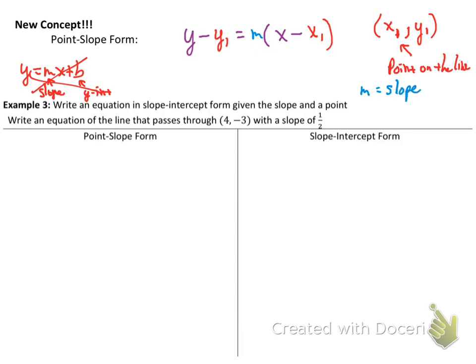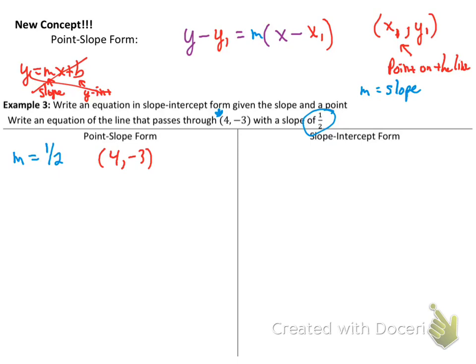So what does that look like? In example 3, I want to write an equation of a line in slope-intercept form that passes through this point and has this slope. So my slope is 1/2, and the point on the line is (4, -3).